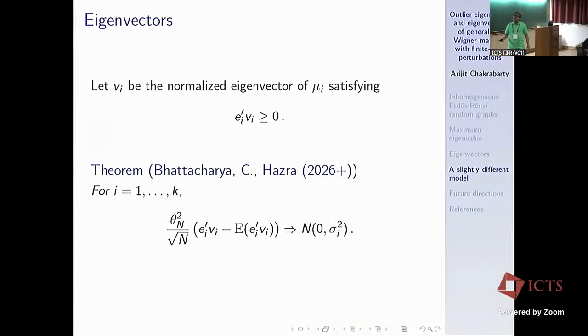We'll soon see in the next slide what happens when these two i's are distinct. But before that, in this particular case, the expectation of e_i prime V_i goes to 1 for obvious reasons. That is, V_i is asymptotically aligned with e_i almost surely, hence e_i prime V_i goes to 1, and hence its expectation also goes to 1, since it's a bounded random variable.